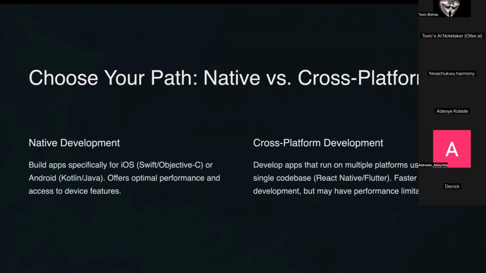For cross-platform, you can choose React Native or Flutter. Personally, I use Flutter. It helps with faster development, removes performance limits, and even cuts cost, because instead of hiring two different developers to build separate apps for Android and iOS, you can just hire one developer that would get the job done.